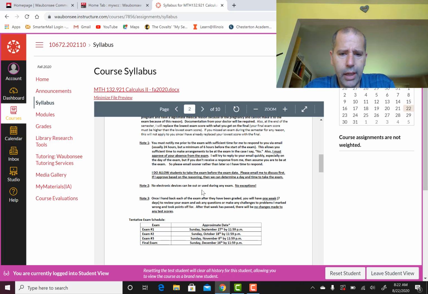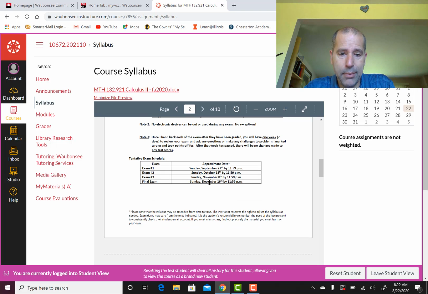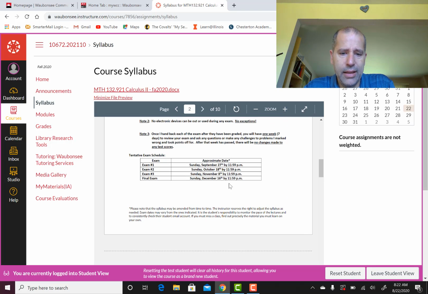Again, read these notes about the exam as well. Here are the exam dates. If I make any changes to this, which I don't normally do, I will communicate that through email. But these are the tentative dates. And again, these may not match with your current semester, but these are where they would be found.